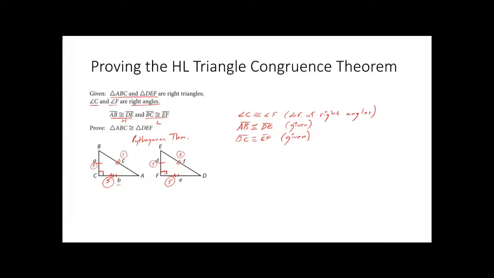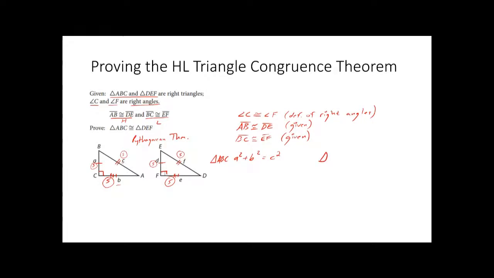All right. So we have a squared plus b squared equals c squared. Okay. And that's for the first triangle, for triangle ABC.